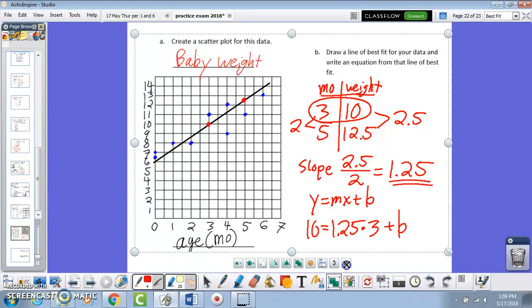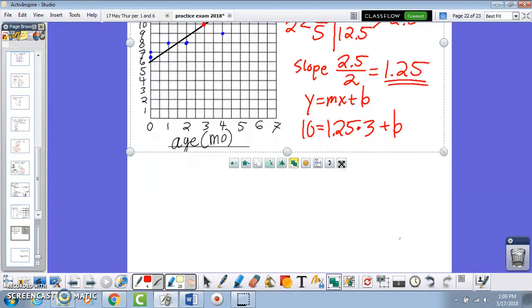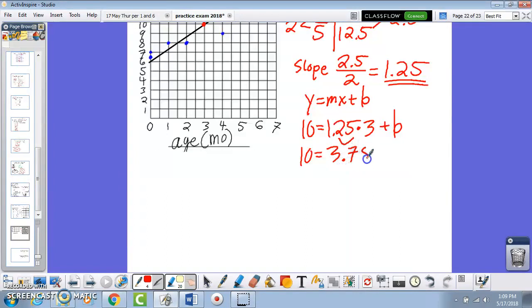Okay, need some more space. All right, so I got 10 = , I multiply these, I get 3.75 + b.